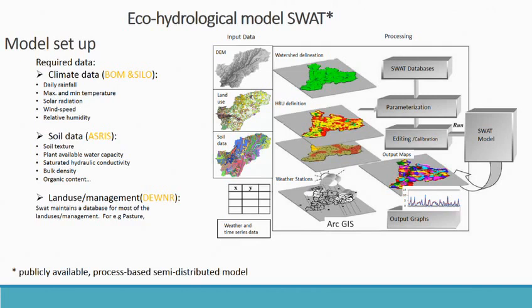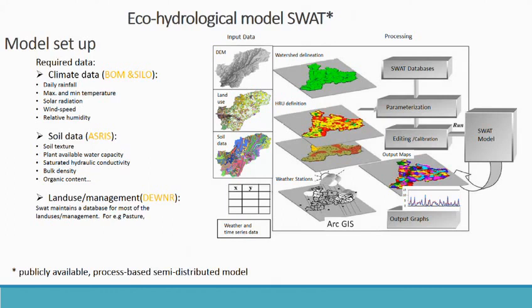So how do we begin, how do we configure the model and run it? For that process we need a digital elevation model, land use map and soil data along with the climate data. From this digital elevation model, which is a 30-meter resolution map, we can divide the catchment into sub-catchments so that the model can actually simulate the data at the sub-catchment level.